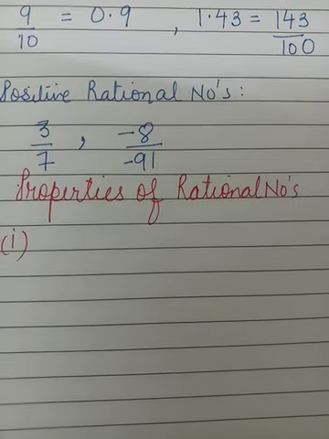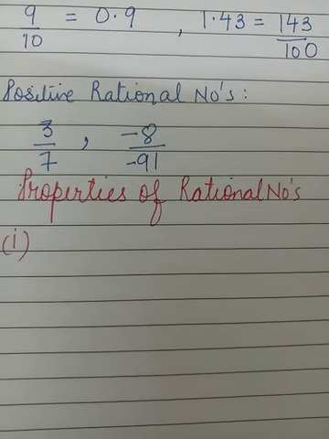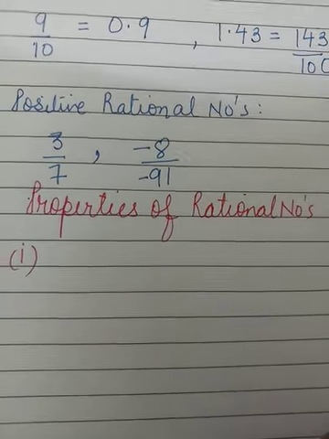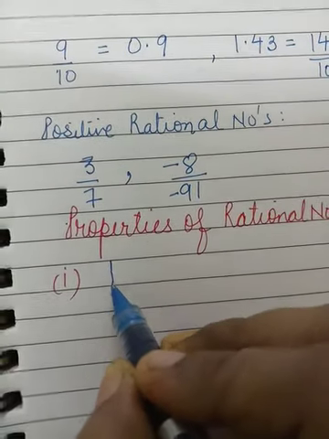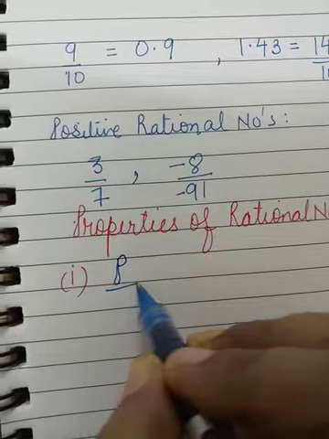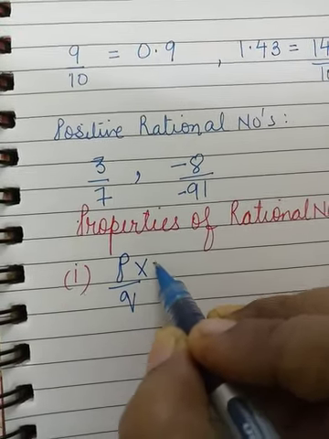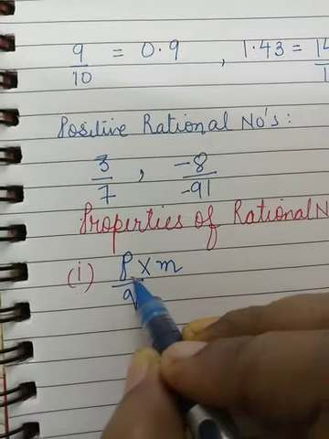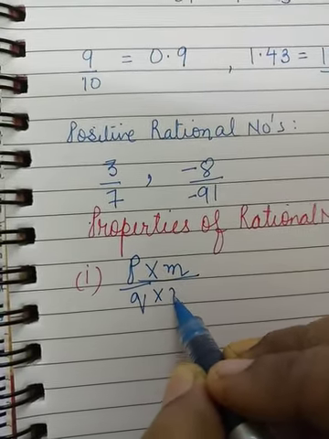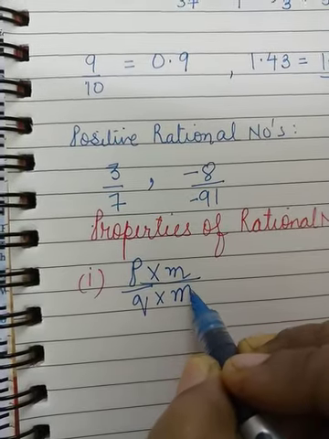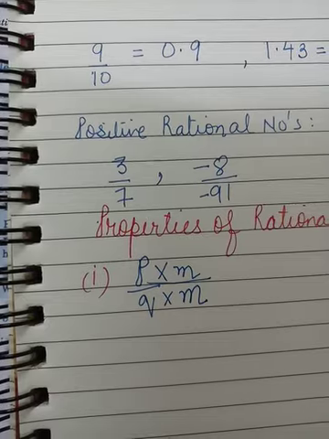Now I discuss the properties of rational numbers. We have three properties of a rational number. If we are given a rational number p by q and we multiply the numerator by any number m, then we need to multiply the denominator by the same number as well.